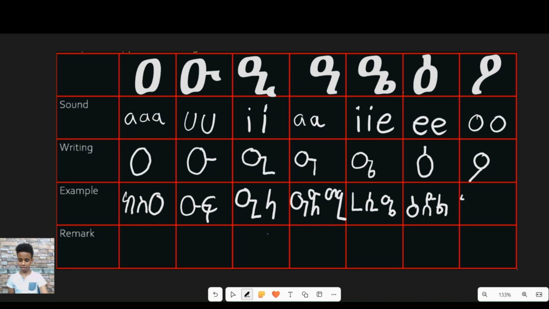Inqira'ub. Inqira'ub in Tigrinya means frog in English.